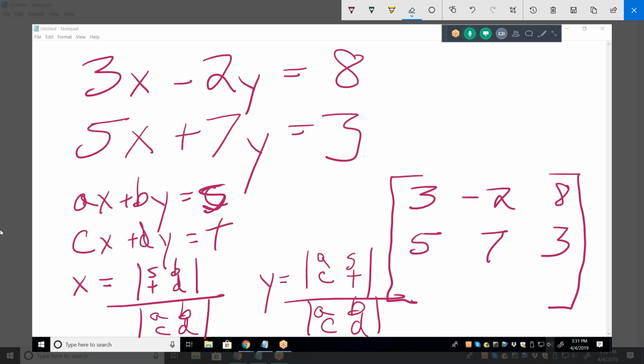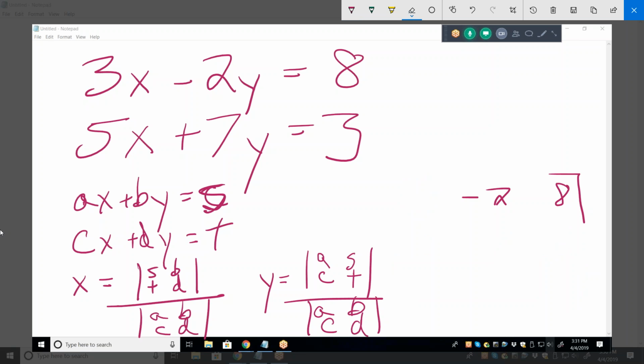First of all, let me erase everything I wrote over there. I don't know how that ended up so off base, but notice the numerator of the x. Numerator of the x. Starts out with the s t in the first column, and then follows with the coefficients of the y variable, the b and the d in the second column.